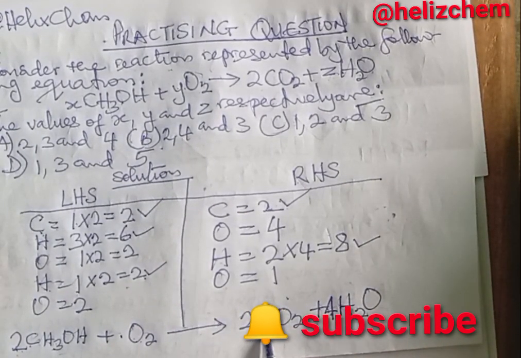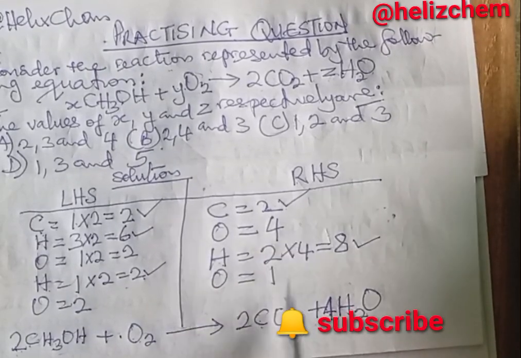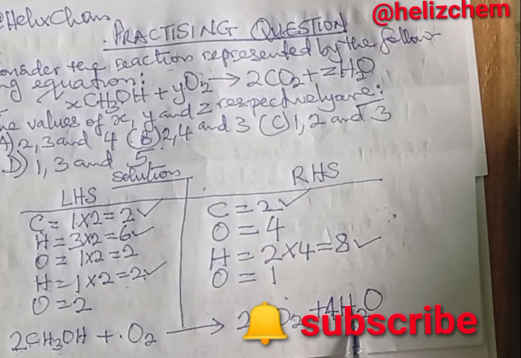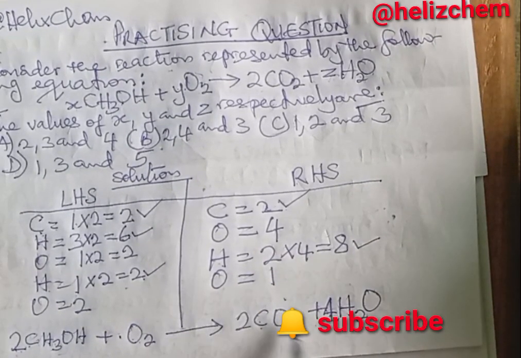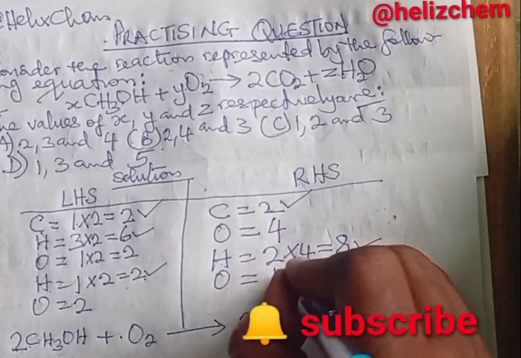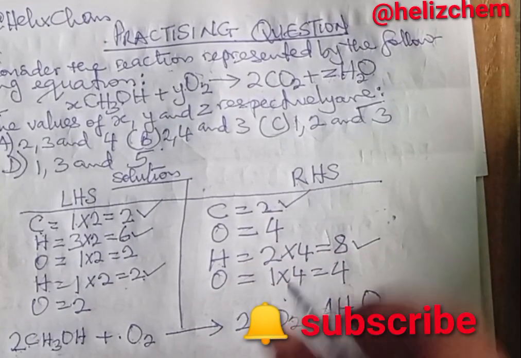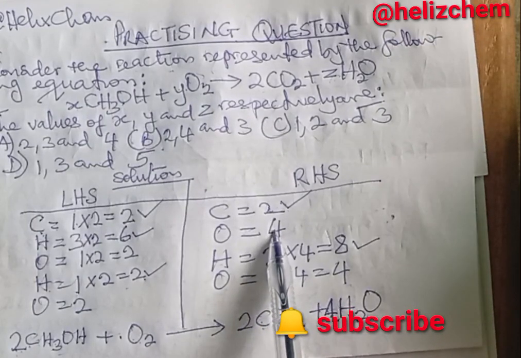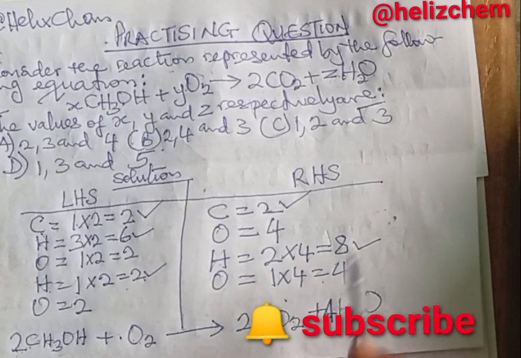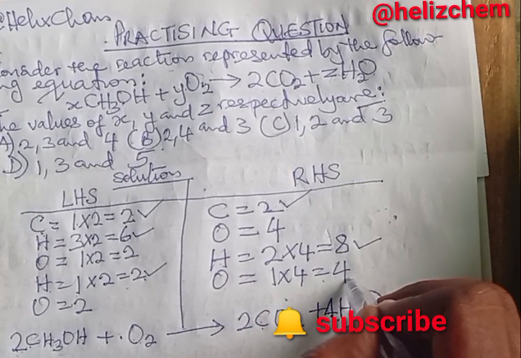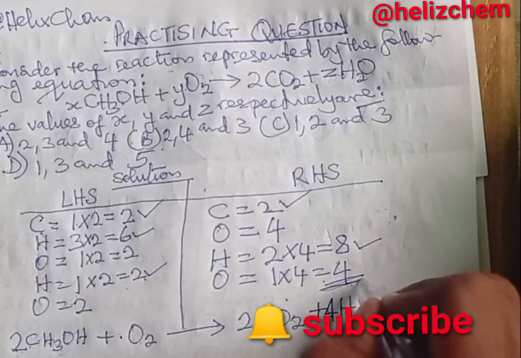Our carbon is 2, our oxygen here is 4, hydrogen is 8, but oxygen has been multiplied by 4, and that makes it to be what? 4. So if you look at the oxygen here now and the one here, total sum of oxygen now is 8.